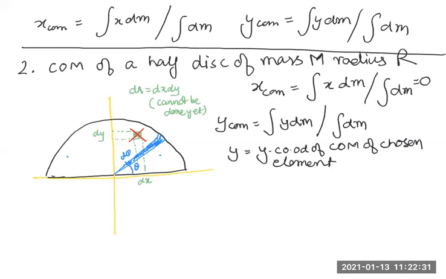And to find the y coordinate of center of mass, you must know the y coordinate of center of mass of the chosen element. So if you choose an element like this, you do not know where its center of mass is, and you will end up first working out the center of mass of this chosen element. उसके लिए पता नहीं क्या करना पड़ेगा.